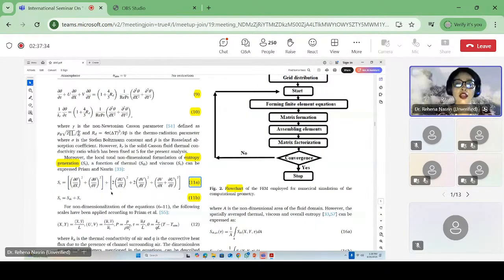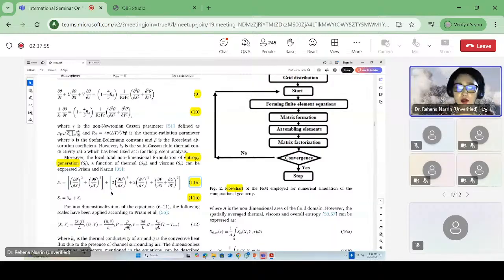And we also analyze entropy generation. How much entropy is generated here? In a single sentence, we can say that entropy generation is the system loss. So in any system, there are some system losses. So entropy is the system loss.